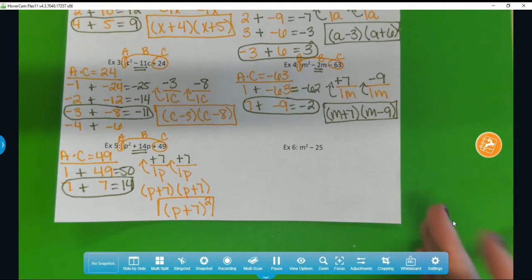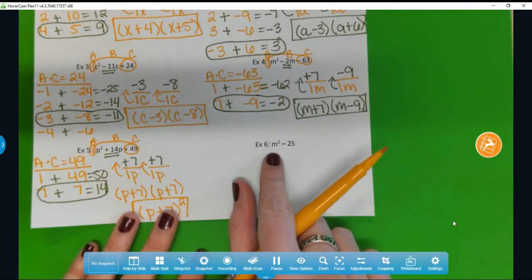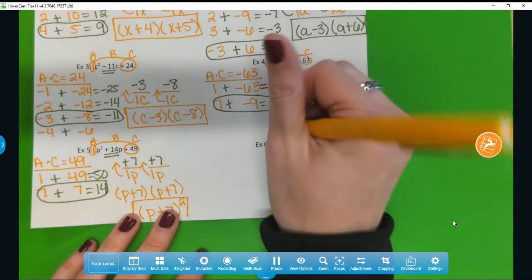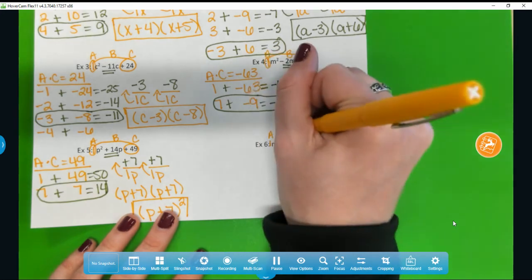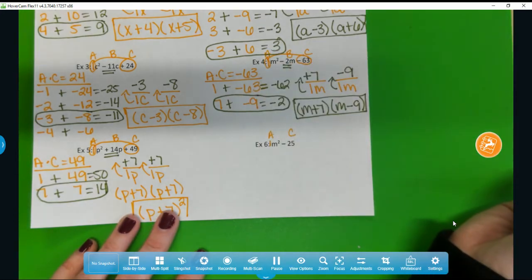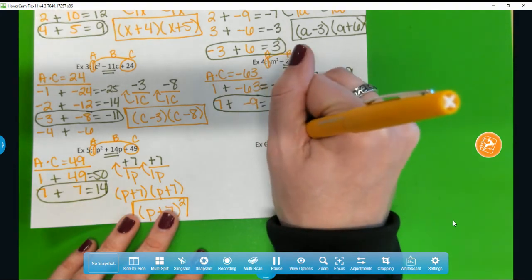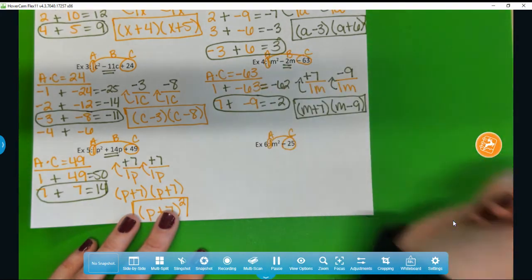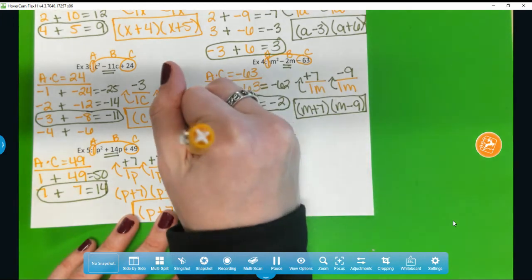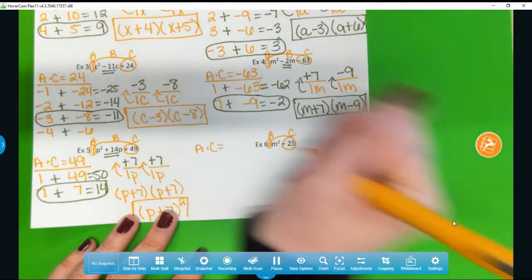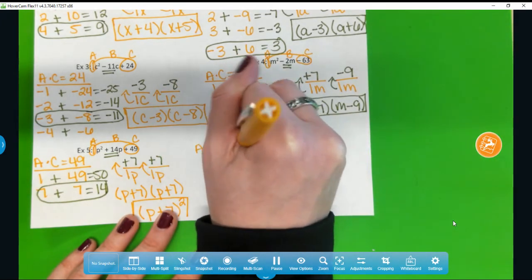Okay, last one. Notice on this one, there's no b. There's just an A and a C. So we're going to multiply A times C just like normal. And we get negative 25.